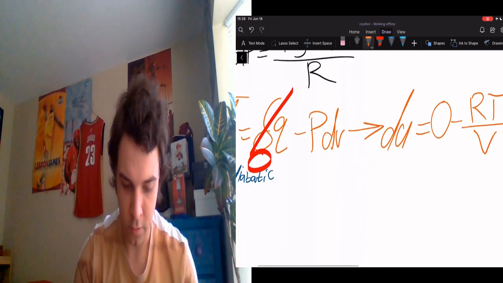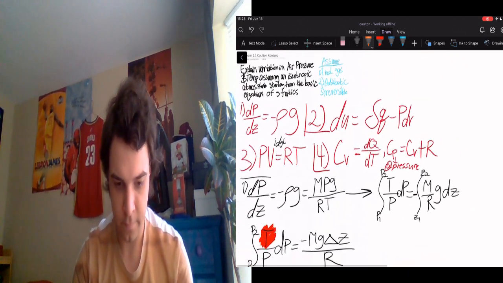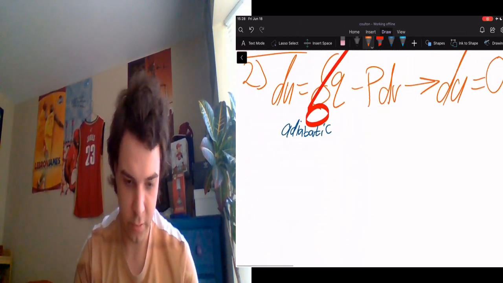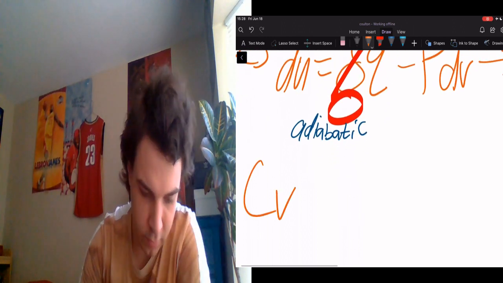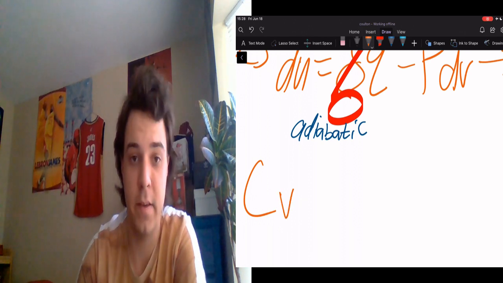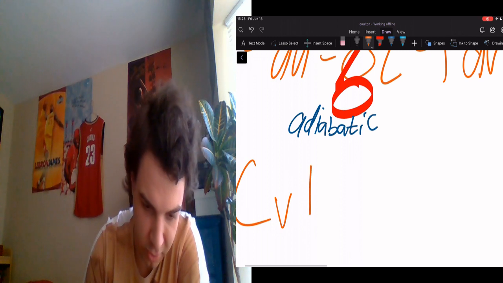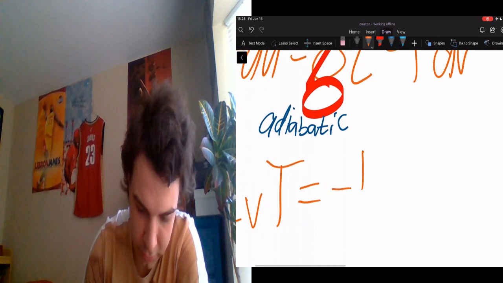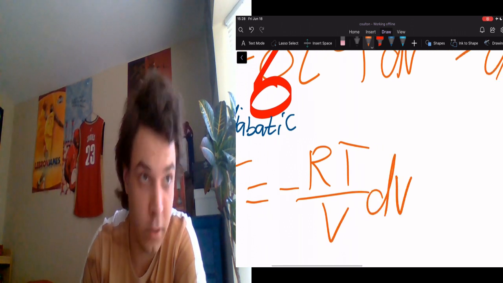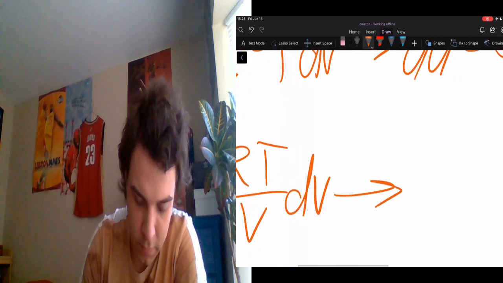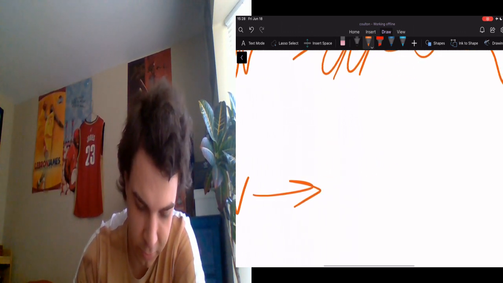And then we can then play with this here fourth equation, and we can get the change in the heat capacity for a certain volume times T equals negative RT over V dV. And then we can take the integrals of both these sides.